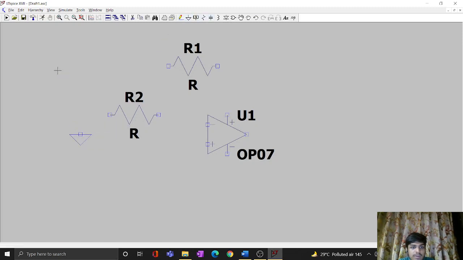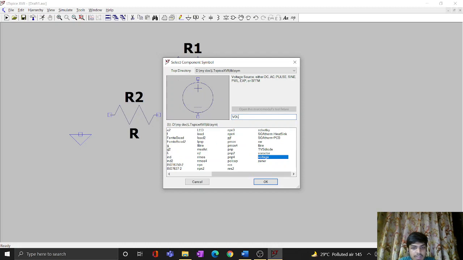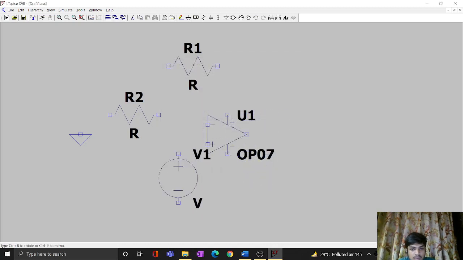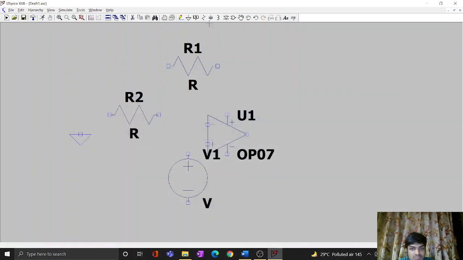We connect the ground here. We'll find the voltage source. We connect the components.